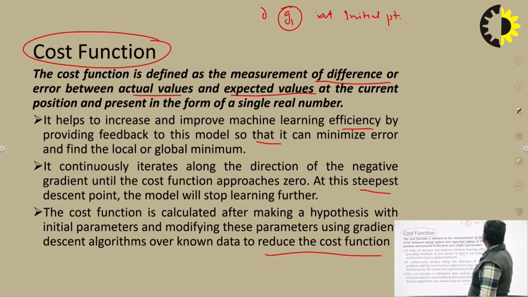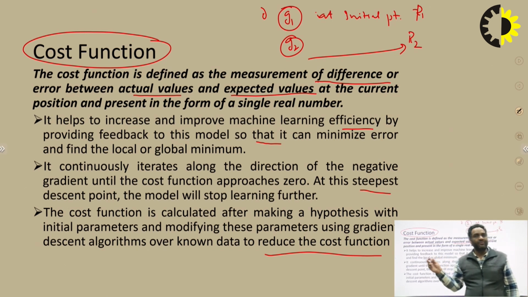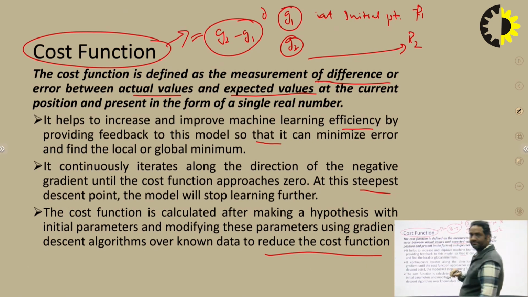We can say this is our P1 point. Suppose we have a P2 point where we find G2. That is the gradient with respect to this point. It must be less than this one. If it is, that means we are making the right move. The difference of these two, that is G2 minus G1, what is this? This is our cost function.